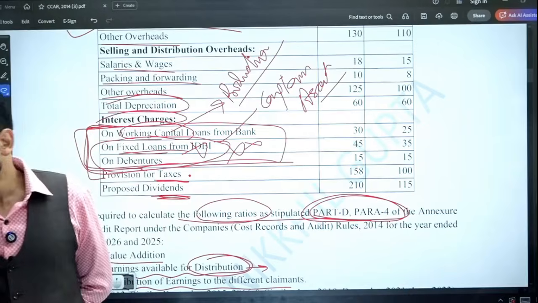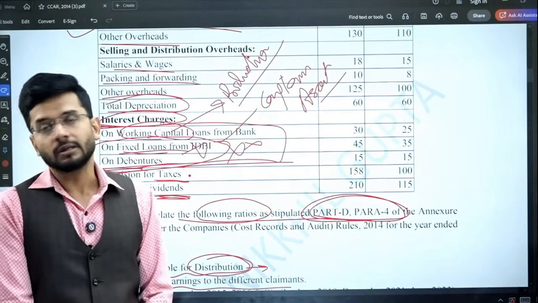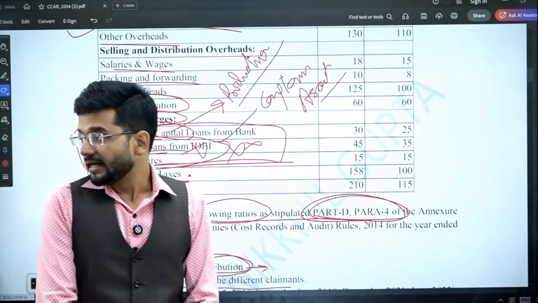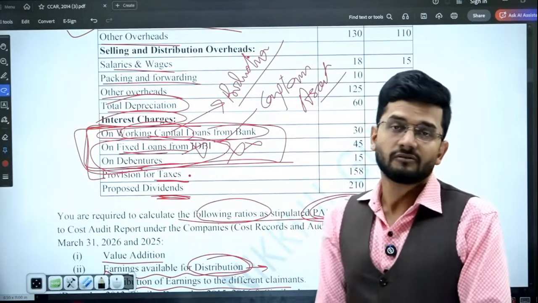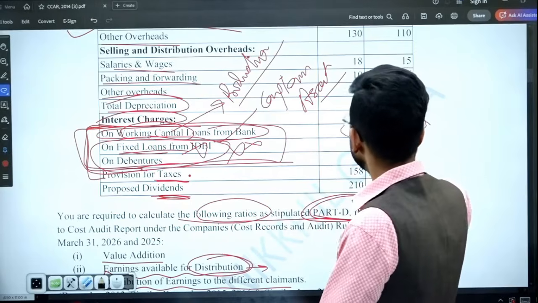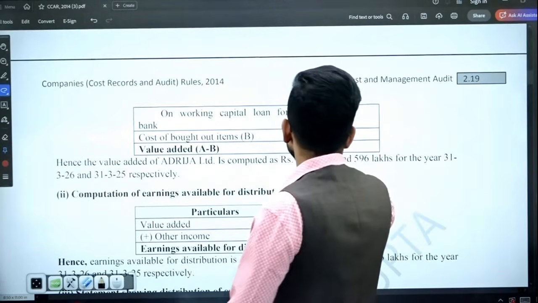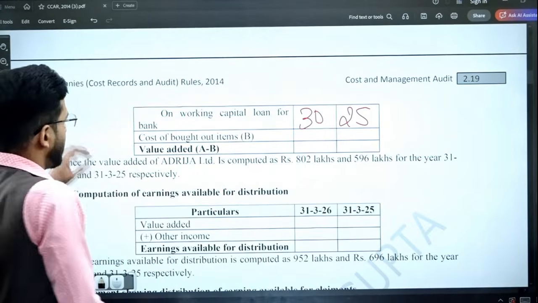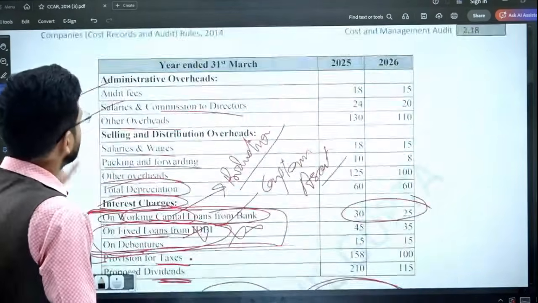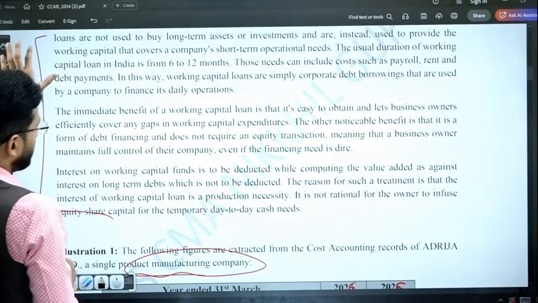Only interest on working capital is to be reduced while calculating the value addition. Interest on working capital, 30 and 25, this is to be reduced. At your home, please read this paragraph by yourself.